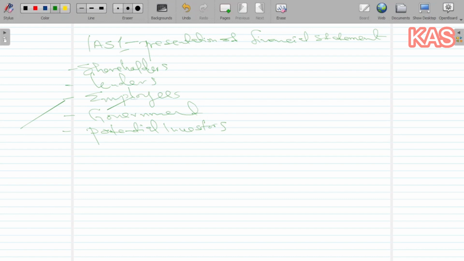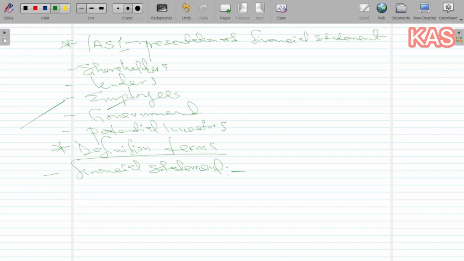So now let's look at the definition of terms under this IAS 1. The first thing is we are going to look at what a financial statement is. Financial statements provide a picture relating to the financial health of a business.